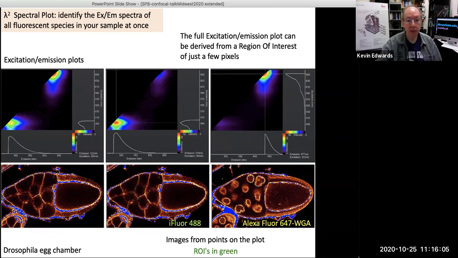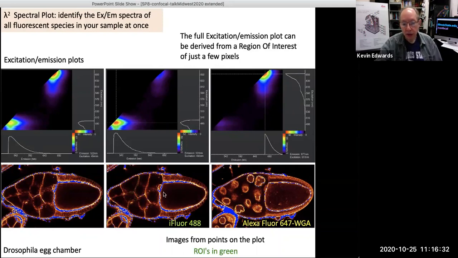I also put in DAPI, but DAPI is not part of this because it's over in the UV. So this is from 470 to 670 nanometers. All right, so there are two dyes and they're well separated. And by knowing their spectra in both directions here, you can decide exactly where it is best to excite and best to collect this dye.